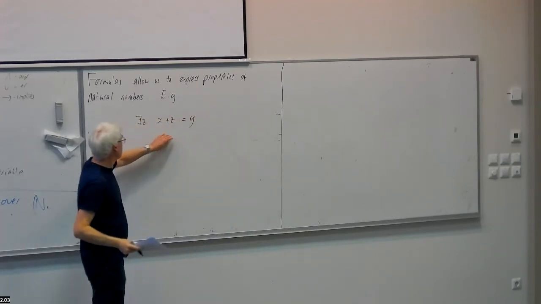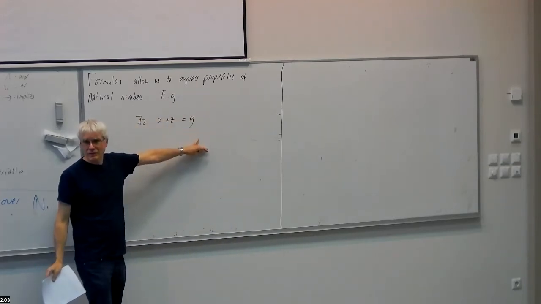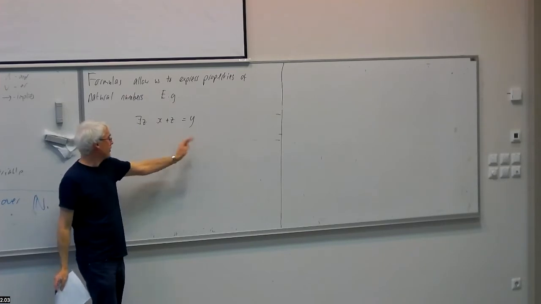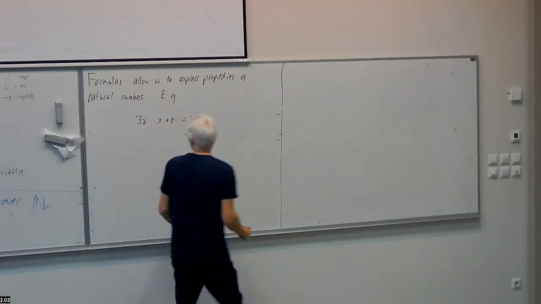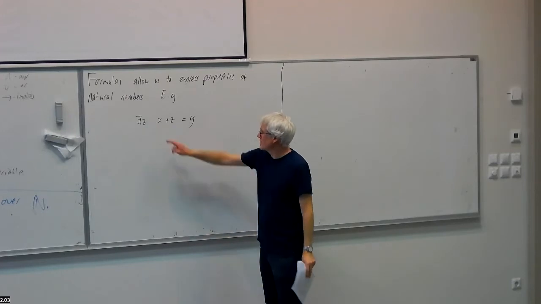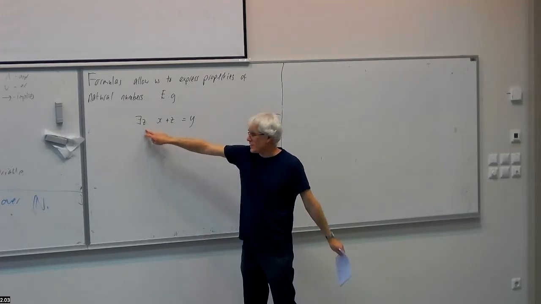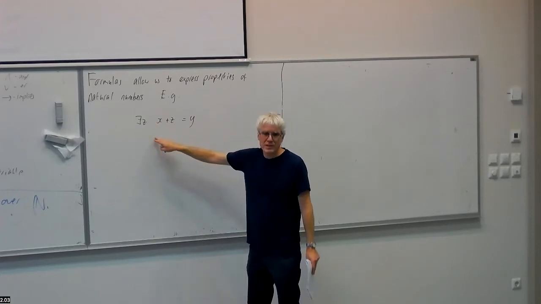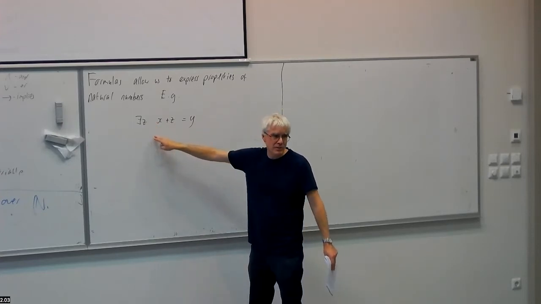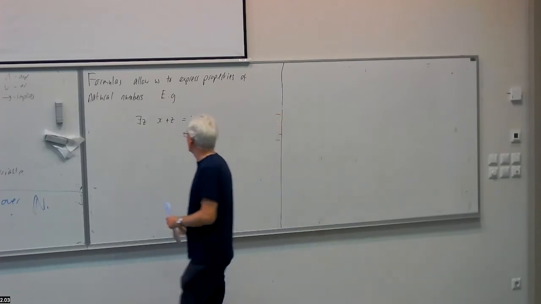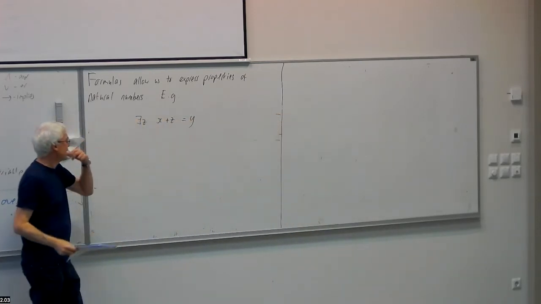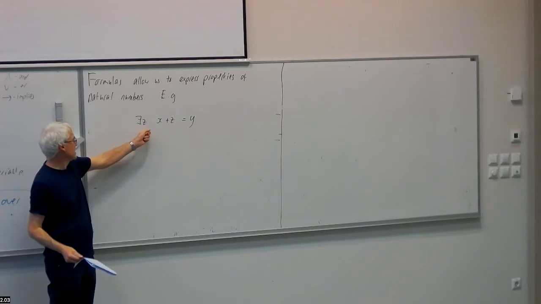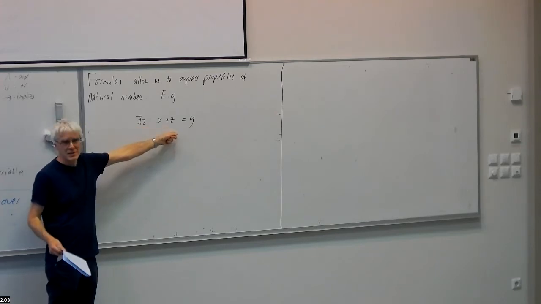So this is an equation between two multivariate polynomials, very simple polynomials. And they can be quantifying over the z. So this formula is expressing a property, a relationship between x and y. It's saying x and y are natural numbers, and it's saying there exists another natural number z such that y is x plus z. So can somebody tell me what this property is, in other words?